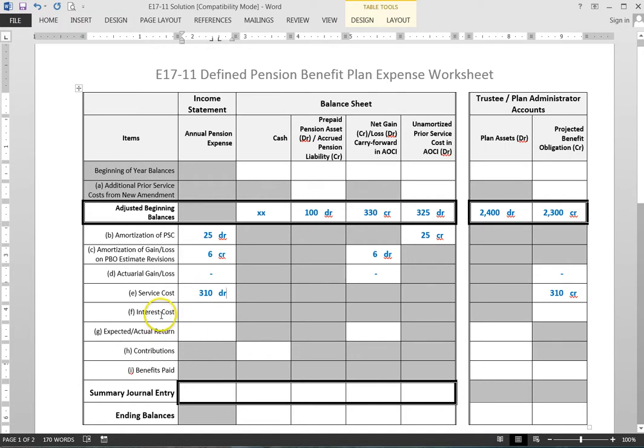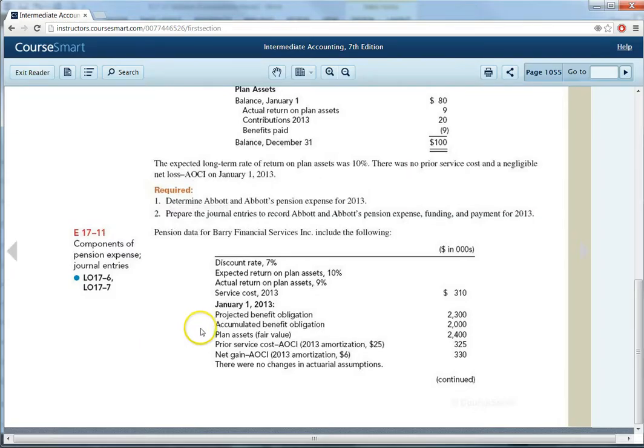Next up is interest cost. The dollar amount of interest cost is computed as the discount rate multiplied by the beginning balance of the PBO, projected benefit obligation. That's again a partial reversal of the present value effects. So we either have to know what our interest cost is or know what our discount rate is.